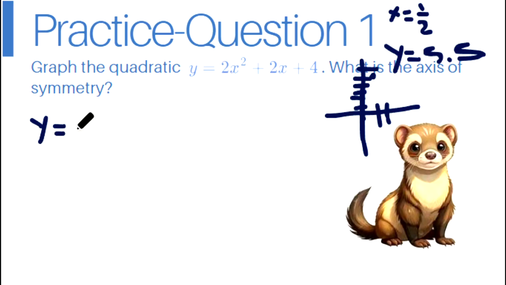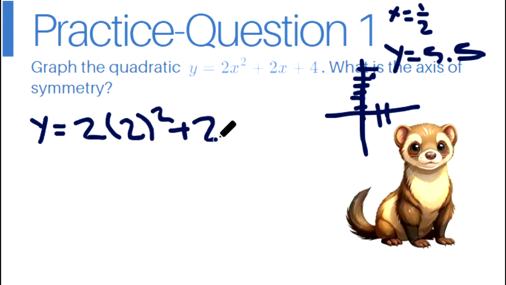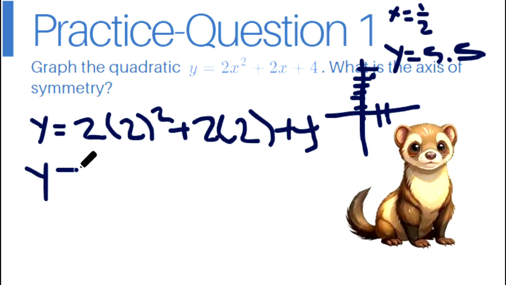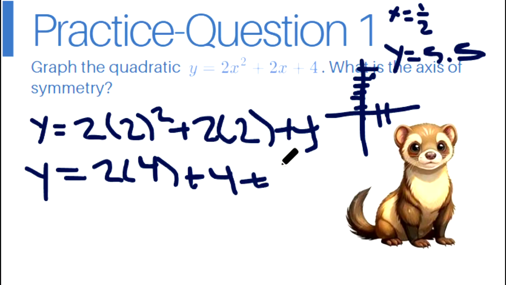So we're going to go 2 times 2 squared plus 2 times 2 plus 4 will give us y is equal to 2 times 4 plus 4 plus 4.